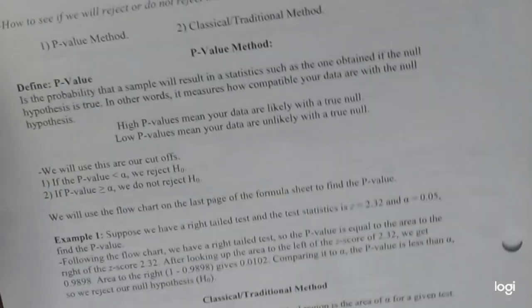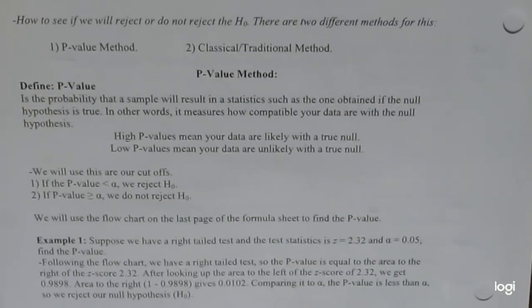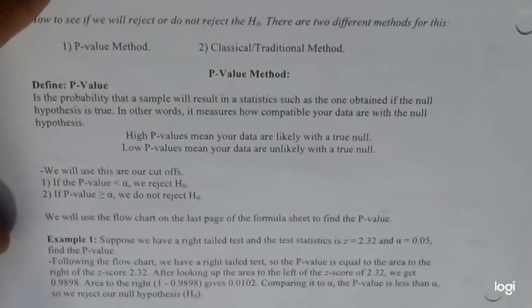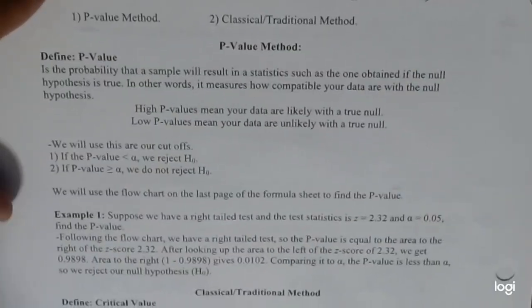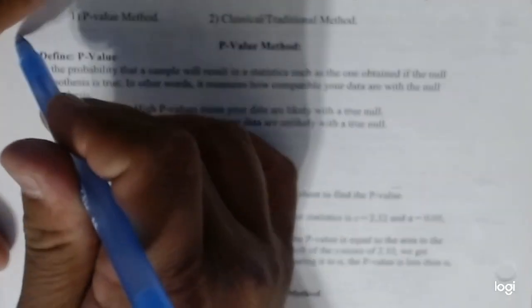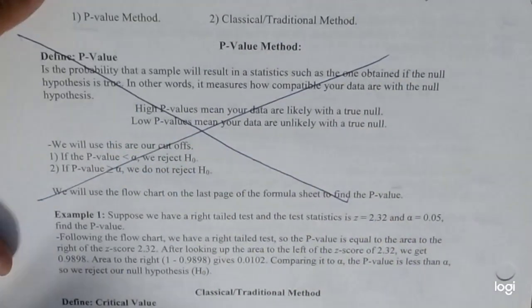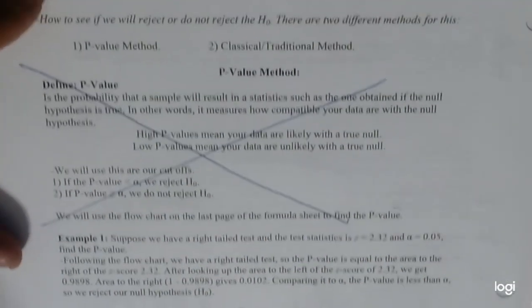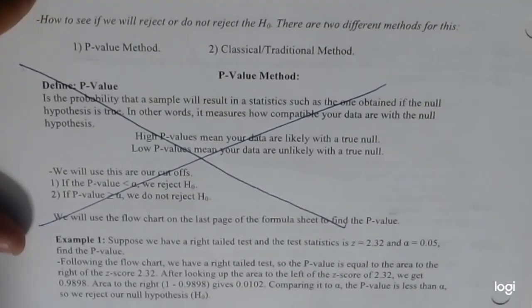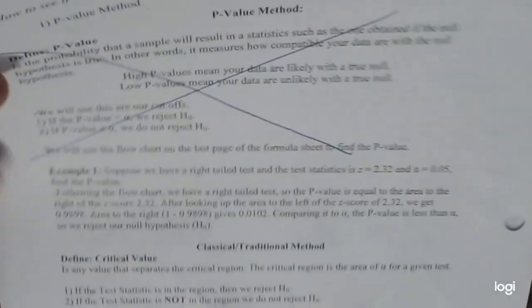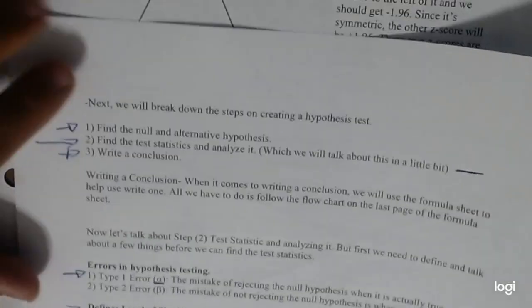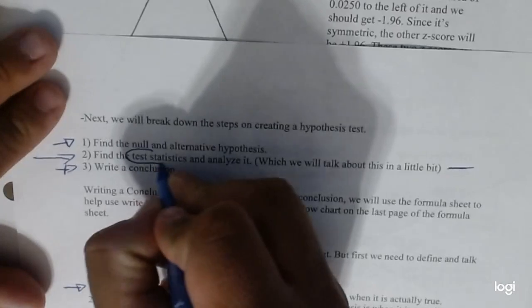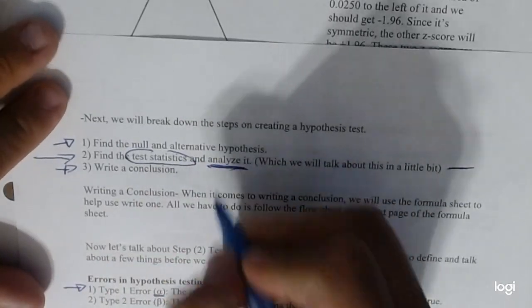Right, so now let's go to the next part of step 2. Because it's pretty difficult using a calculator, we're actually going to skip the p-value method. We're going to use something called the classical approach, to make it easier for you guys to deal with. So this is the analyzing portion. The test that's the most difficult to find is over here, and the analyzing stuff is actually much easier.